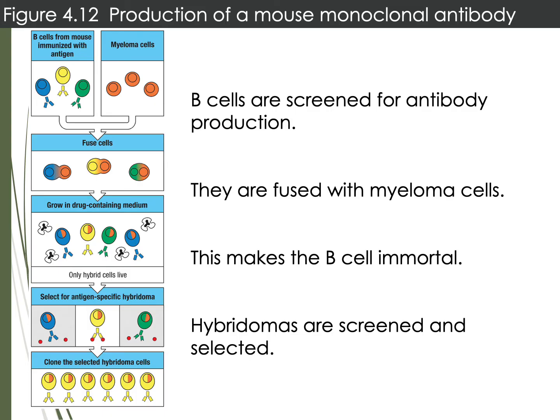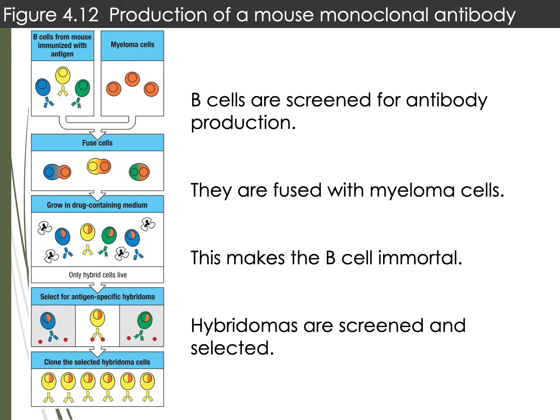In producing a monoclonal antibody, you would develop B cells that recognize the antigen you're interested in. Whatever protein you're interested in, generally you inject mice with that protein. They end up developing antibodies to it. So you screen for antibody production, and then you isolate B cells from the mouse.